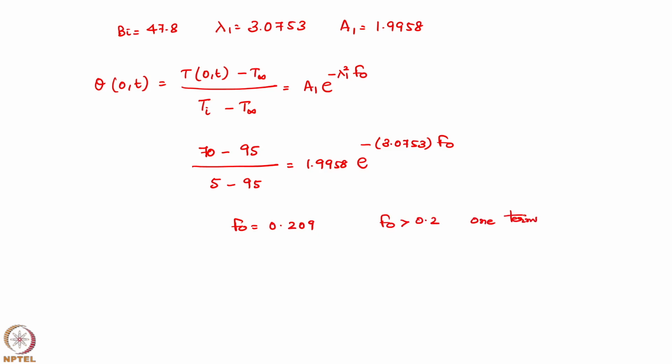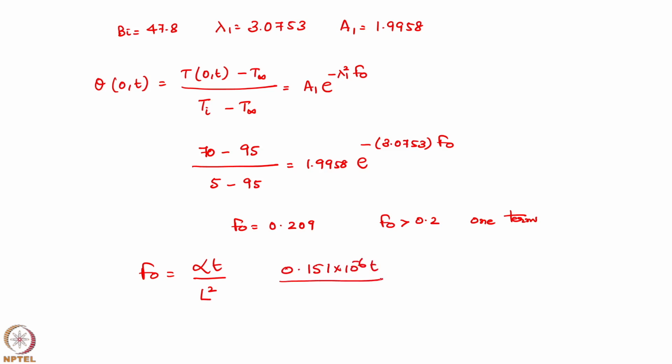Now Fourier number equals alpha t divided by L squared. What is alpha? Alpha we have found as 151 into 10 to the power of minus 6.